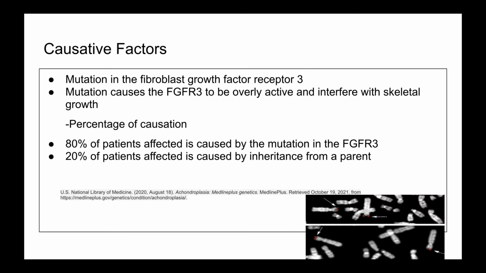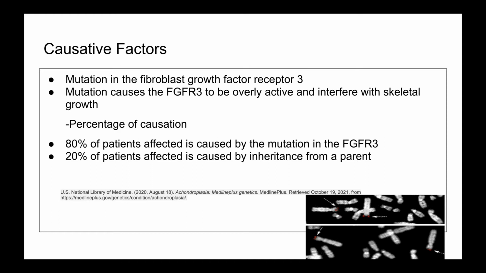So the causative factors of achondroplasia dwarfism. The main cause is a mutation in the fibroblast growth factor receptor 3. The function of the fibroblast growth factor receptor 3 is that it provides instructions for making a protein that is involved in the development and maintenance of the bone and brain tissue.